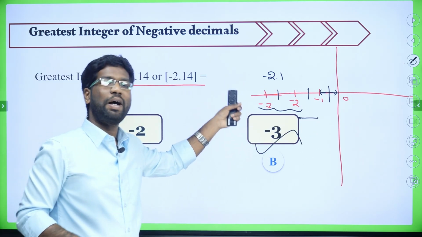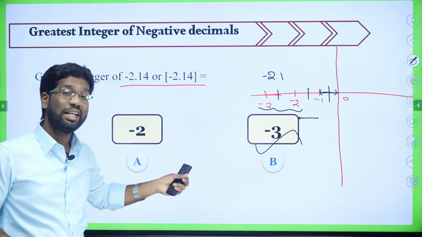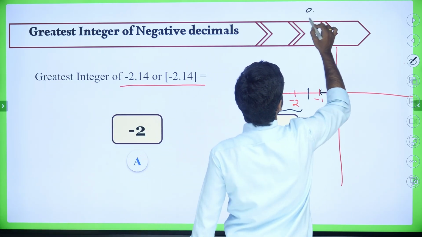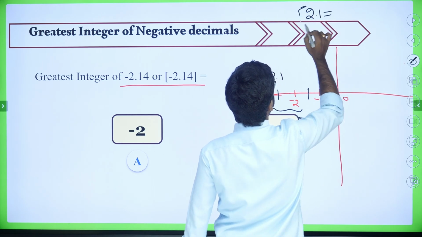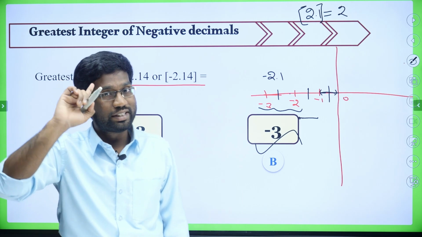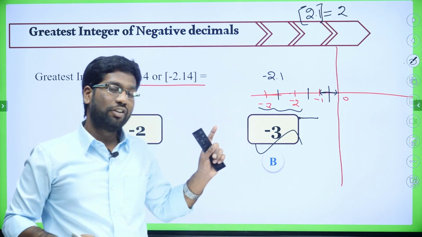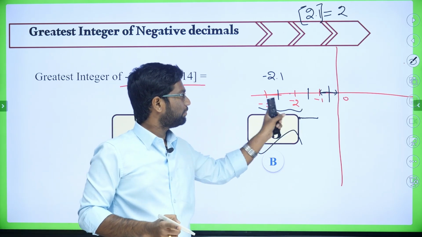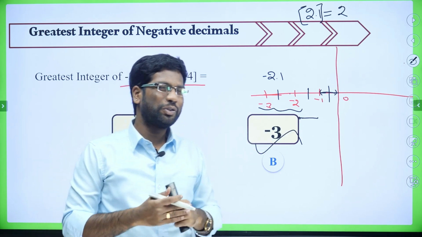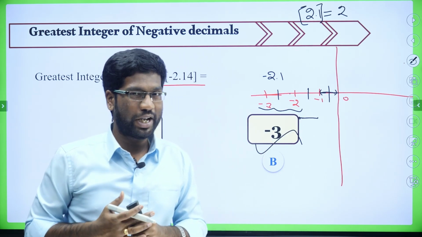In the same way, for minus 3.1 to minus 3.9, I'll take minus 4. But when it comes to 2.1, I'll take the value 2. So always keep in mind, you have to take the left hand side. If you have that in mind, just the left hand side, you won't have any kind of confusion, my dear students.